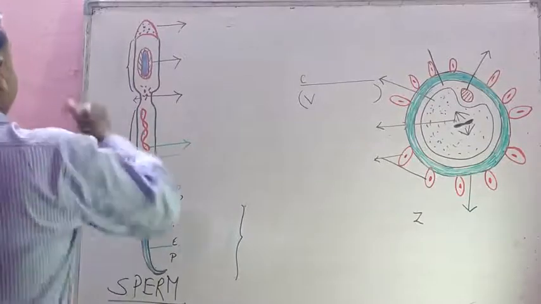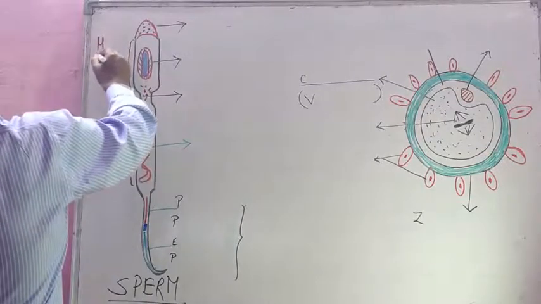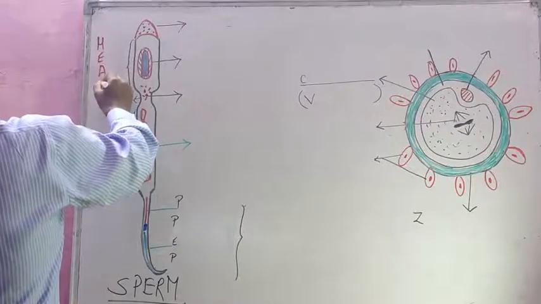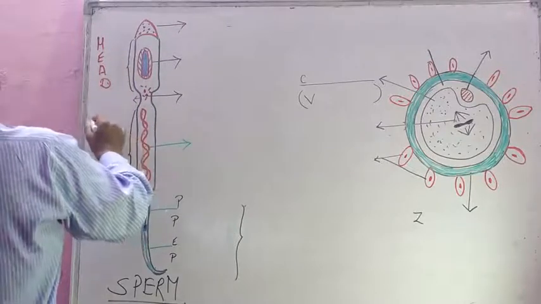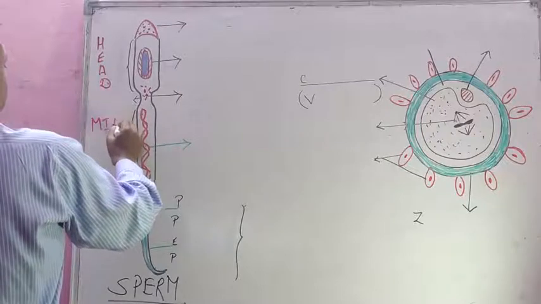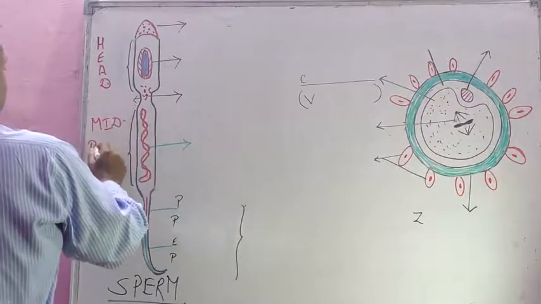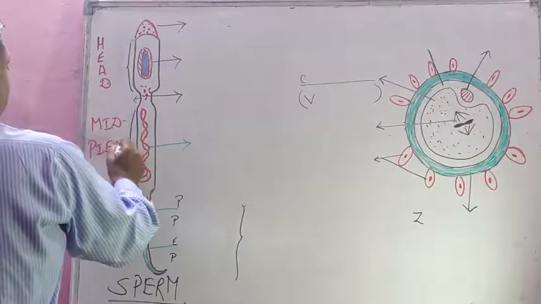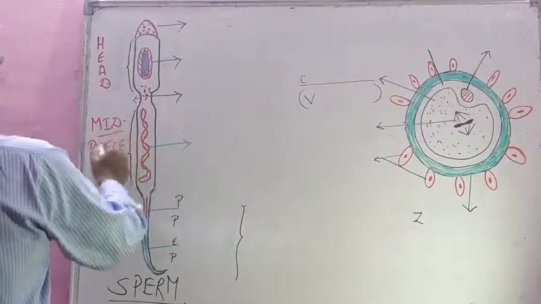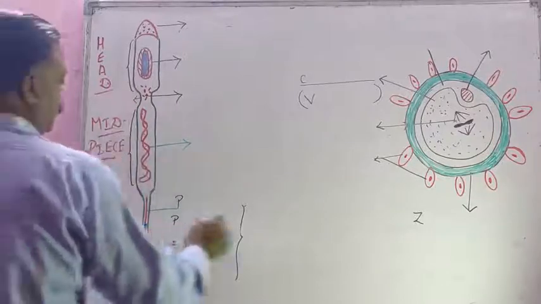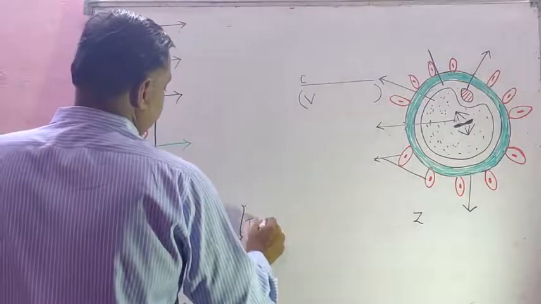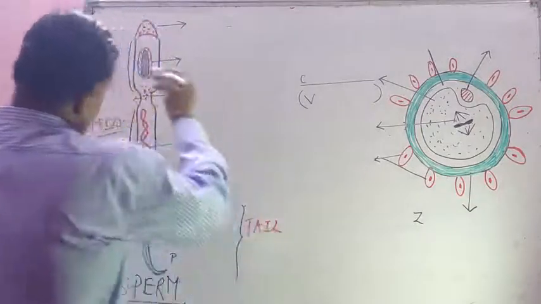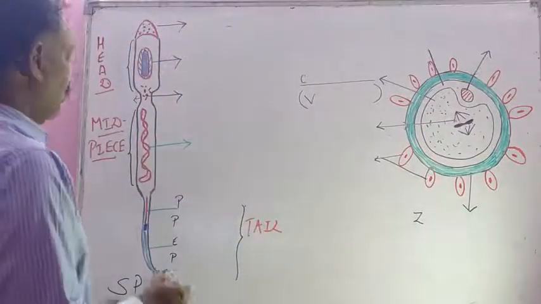The structure of sperm is externally divided into three parts: head, midpiece, and tail. These three can be labeled externally.